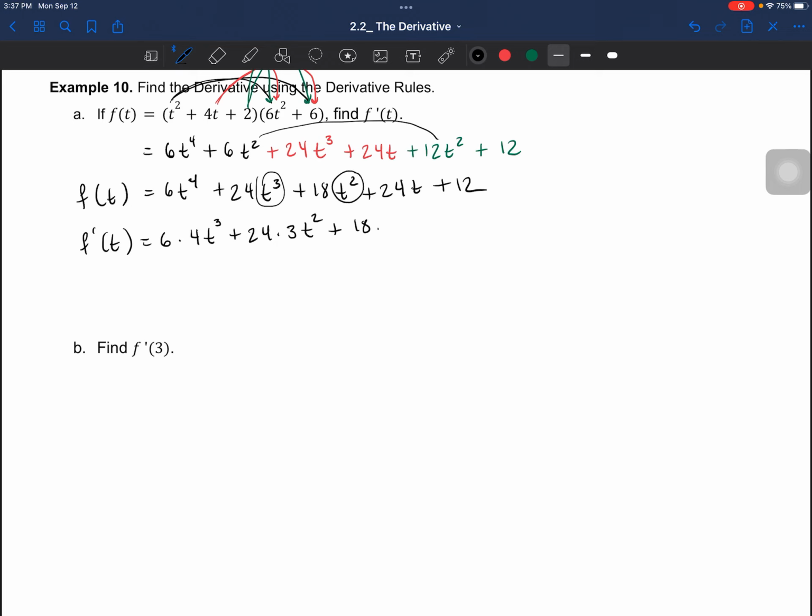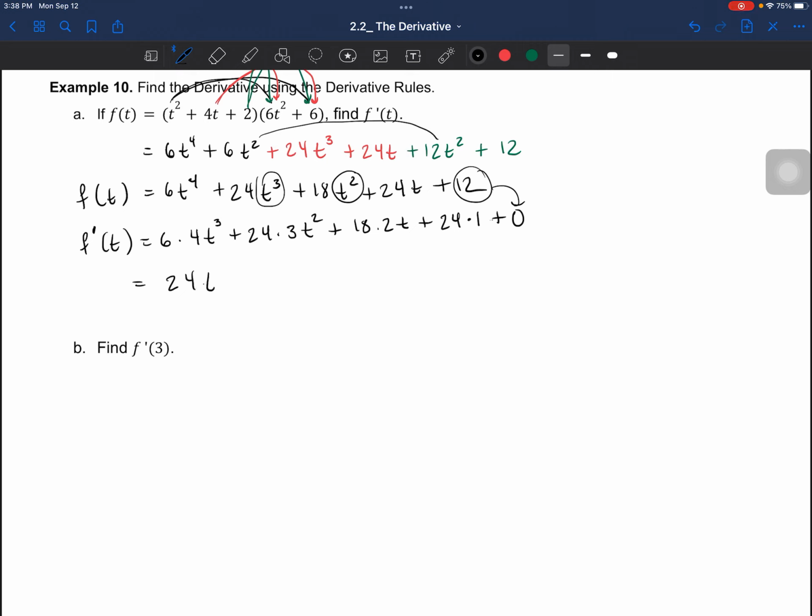Plus 18 times the power rule for this, which would be 2t to the 1. And then 24 times the derivative of t, which is 1. In this case, we're doing the derivative with respect to t. And then the last one is plus 0, the derivative of a constant is 0. So there you go. We found the derivative.